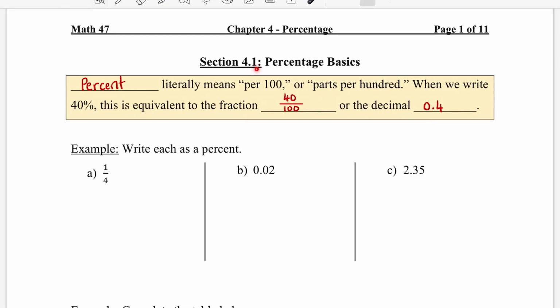Section 4.1 Percentage Basics. Percent means per 100 or parts per 100. When we write the percent 40%, this is equivalent to the fraction 40 over 100 or the decimal 0.4.